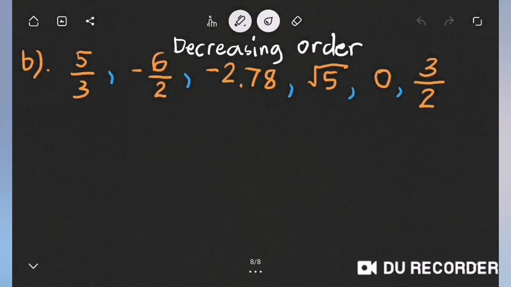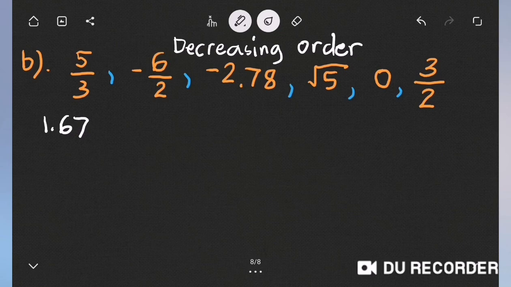Okay. So let's have another one. I think this will be the last example. This time, baliktarin natin in decreasing order naman. We will start from the greatest value. Ganun uli, it's important for us to rewrite the given into uniform or same form. So ang gamitin uli natin ay decimal numbers. 5/3 is approximately equal to 1.67.